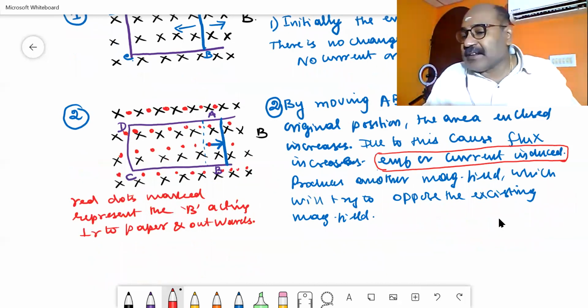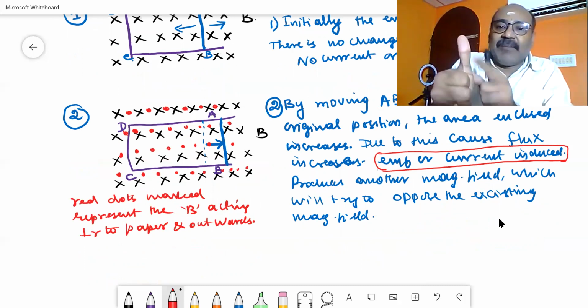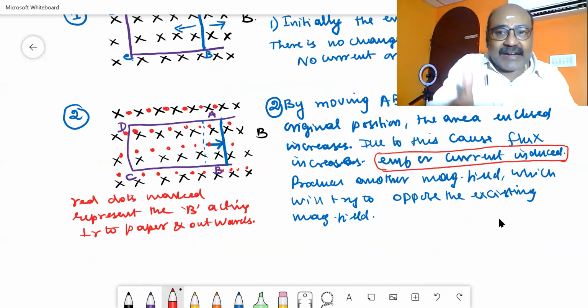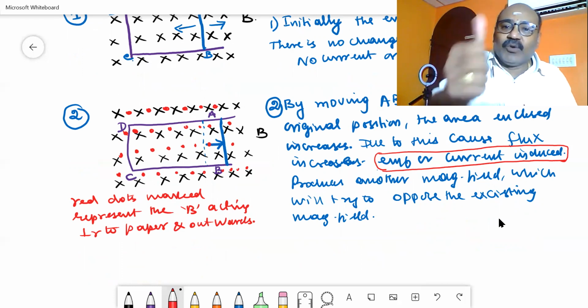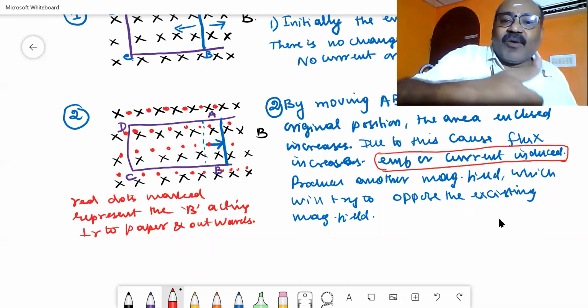When you are considering this thumb rule, the thumb gives you the direction in which the magnetic field is acting. The magnetic field is acting outwards. The folded fingers give you the direction of the current. The folded fingers are in the anti-clockwise direction.